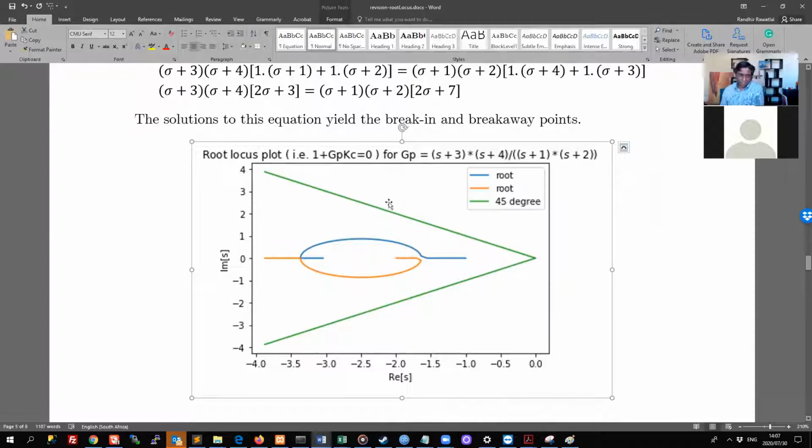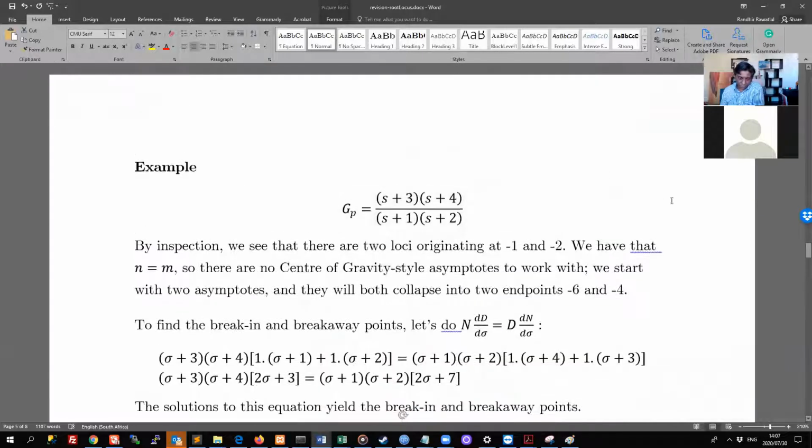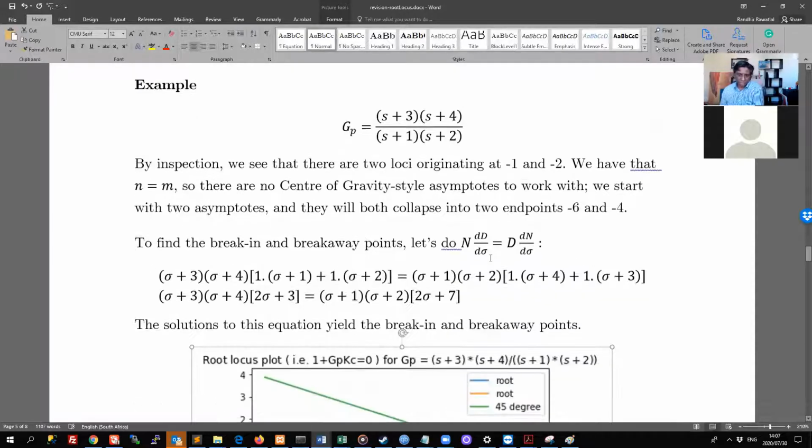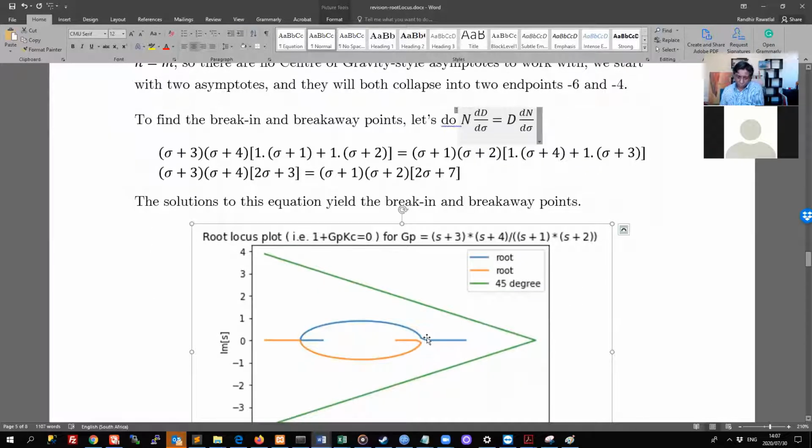And that's why it's also important to look at these so-called break-in and breakout points. And so the development for detecting that a breakout point exists, right? Because we could have said, well, if I'm starting here, maybe I've got one locus that goes straight in and ends here.